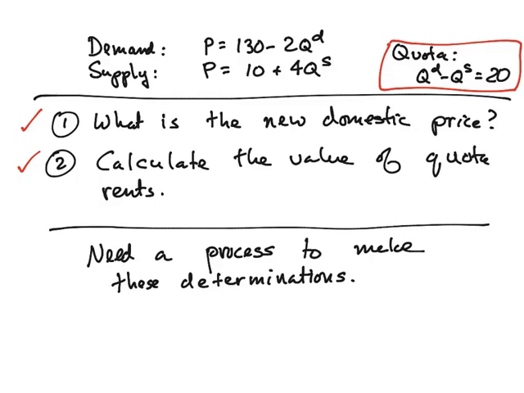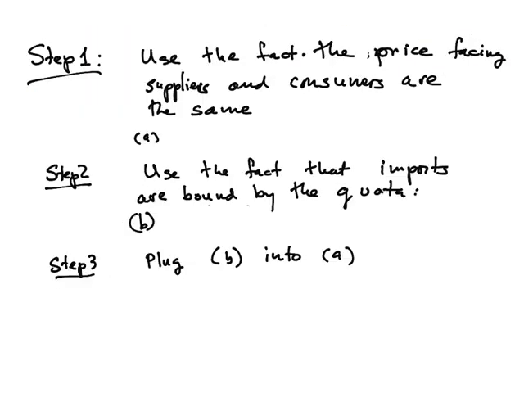So we have a set of equations, as we've noted before, which characterize supply and demand. And let us use the fact that the prices facing domestic suppliers and consumers will be the same after the imports are allowed in under the quota.